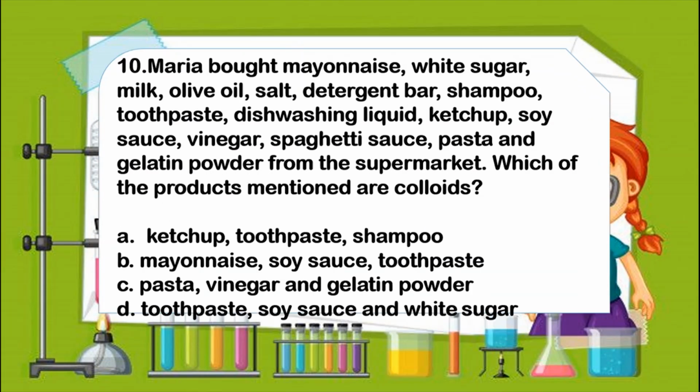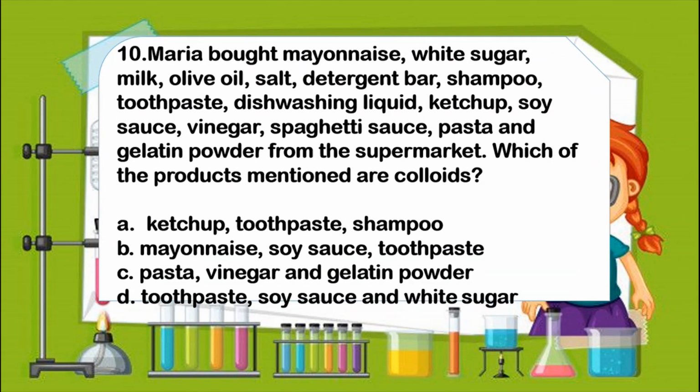Number 10. Maria bought mayonnaise, white sugar, milk, olive oil, salt, detergent bar, shampoo, toothpaste, dishwashing liquid, ketchup, soy sauce, vinegar, spaghetti sauce, pasta, and gelatin powder from the supermarket. Which of the products mentioned are colloids?